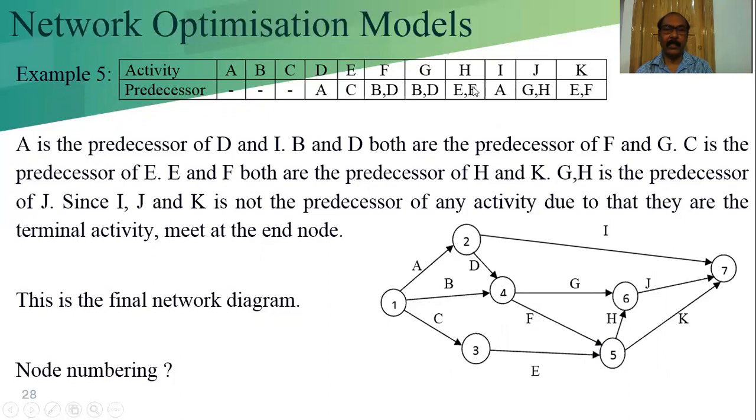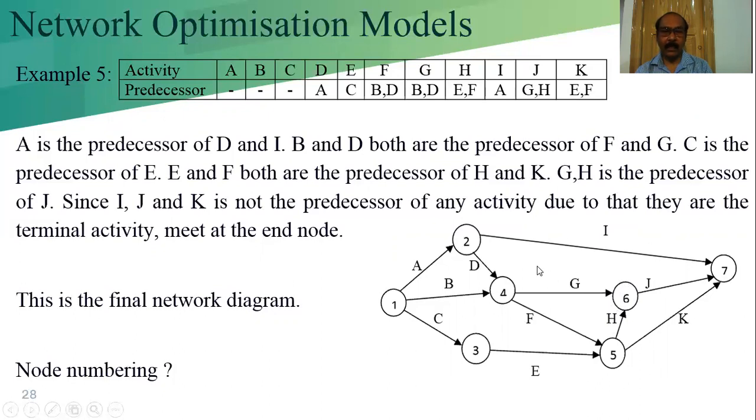E and F are the predecessors of H. That's why we are taking them in the same node. Again we have to check: J has the predecessors G and H. That's why we are taking G and H into the same node.